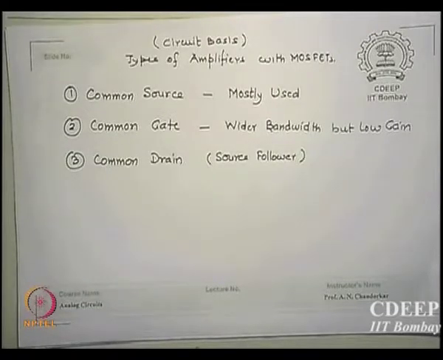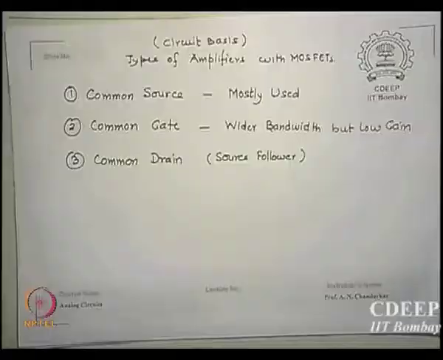The other possibility is a common gate. Common gate essentially means the gate is common between input and output. So the input will be at the source side, and the output at the drain side. Gate is common between input and output.